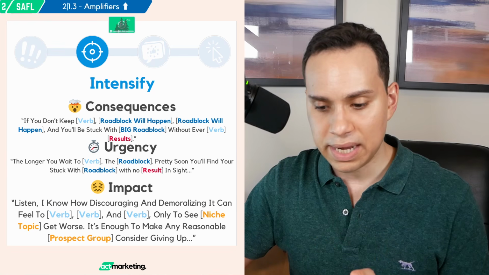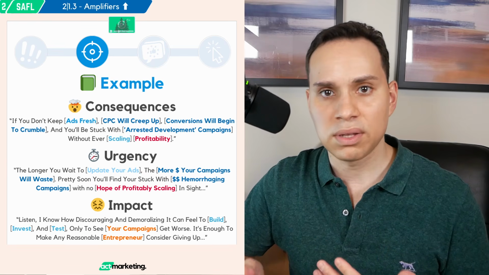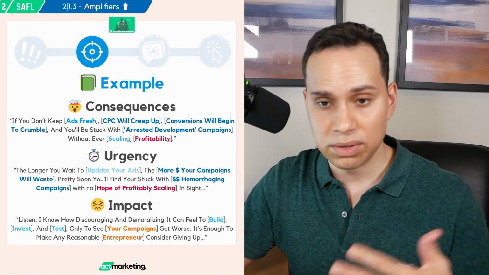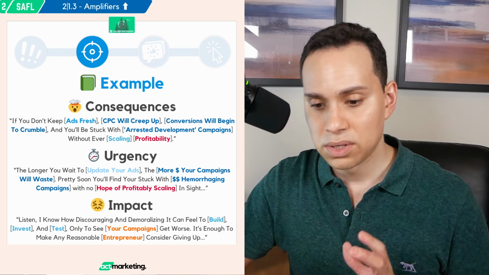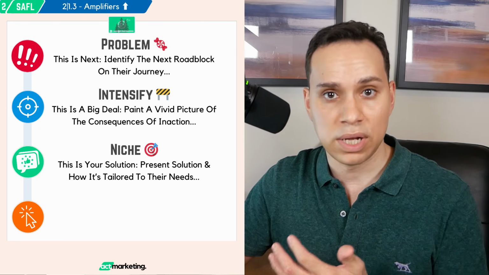By breaking down the intensify section into three steps, we can pretty methodically heighten the emotional impact. Again, you can pause if you want to read through this entire example. So next, we're going to jump into niche, and this is where we get to our actual upsell offer.